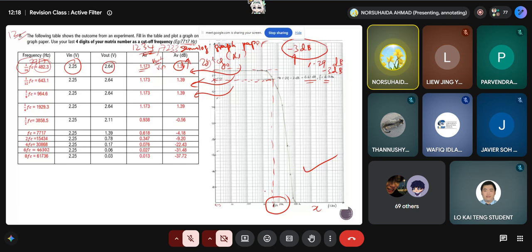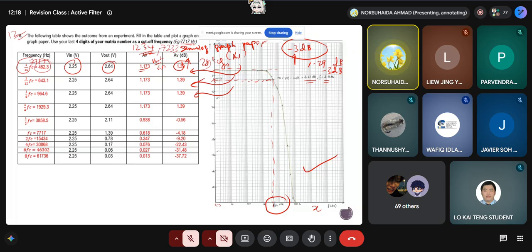Then do the projection, you get the value of F equal to 4.1. If let's say you get 4.3, 4.5, also fine. Depends on how you plot the graph. The value totally depends on how you plot the graph using your obtained values.